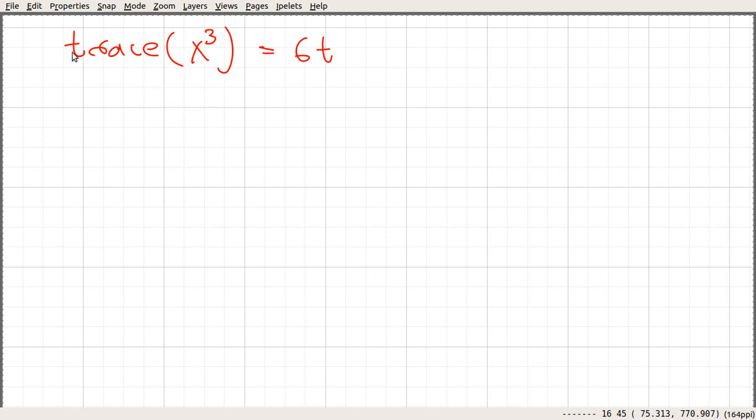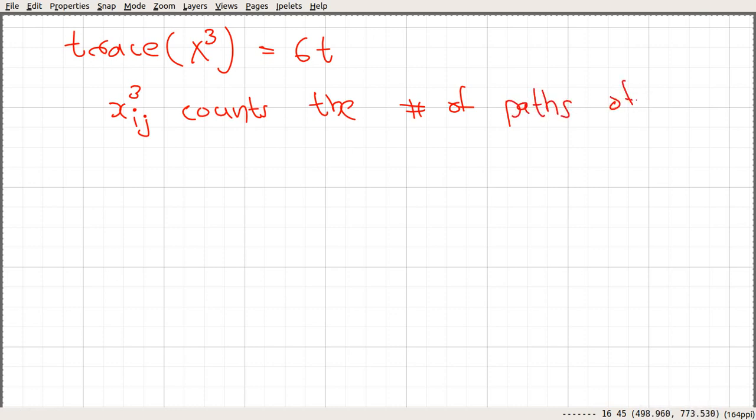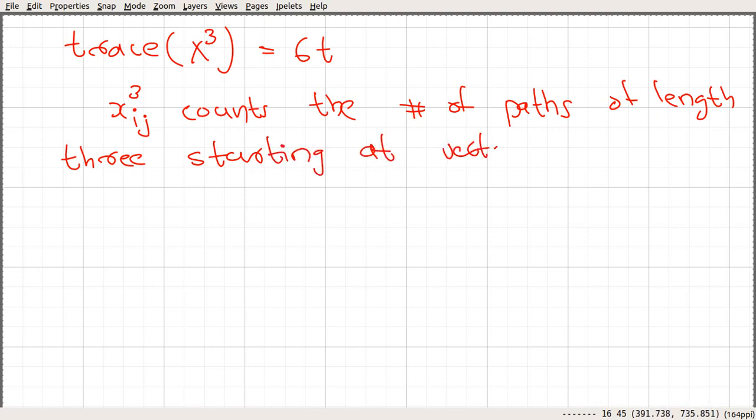From the last video we saw that this quantity xij cubed counts the number of paths or walks of length, in this case, 3, starting at vertex vi and ending at vertex vj.